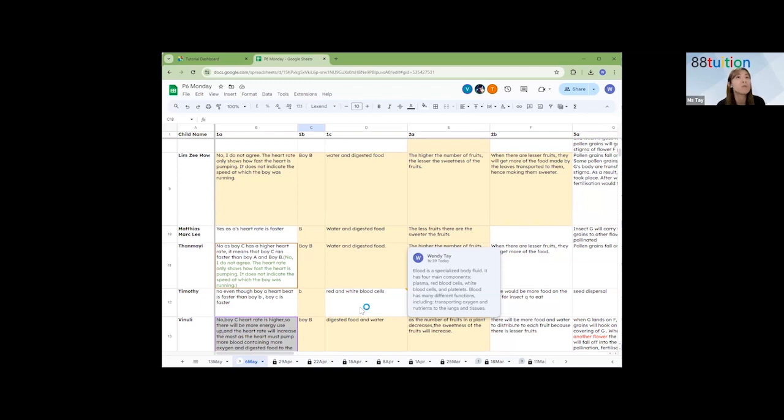So if this is your answer, the question would be, name 2 parts or 2 components of blood. Then you will get it correct. Your answer doesn't suit this question because this is about the substances that are transported by the blood. Clear? Okay. So be very careful here. That's all I want to highlight for this question.